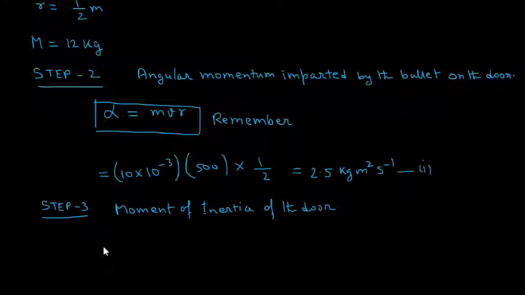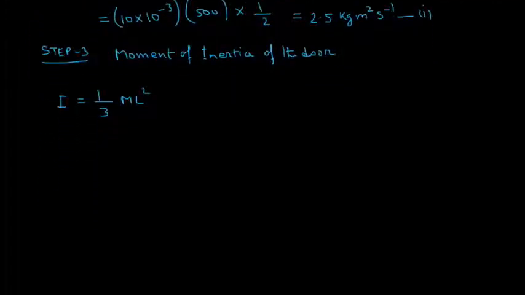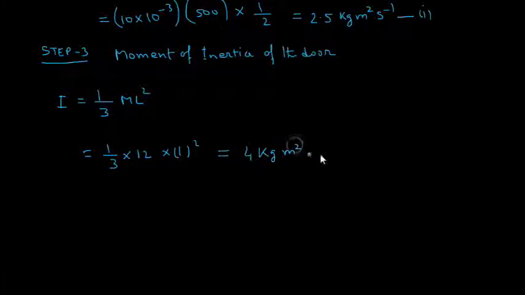This we need to find out. So moment of inertia of the door, I, is equal to 1 by 3 ML square. Now we'll put the values. So 1 by 3, M is equal to 12, L square is equal to 1 square. Upon solving, we get 4 kg meter square.